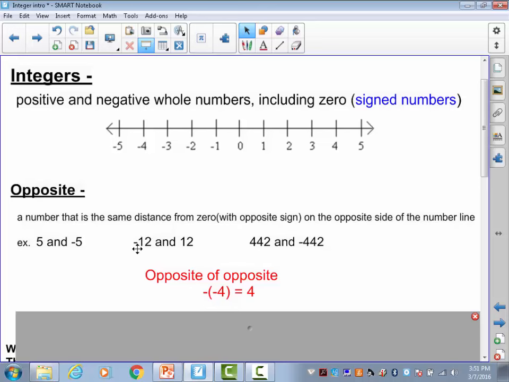So the opposite of negative 12 is 12. If I put a negative sign on the negative 12, the opposite of that is positive 12. Well, look here, same thing. Negative 4. What is the opposite of negative 4? That's what this negative is saying to us. It's positive 4. Okay, so the opposite of the opposite, the negative of negative 4 gets you positive 4.